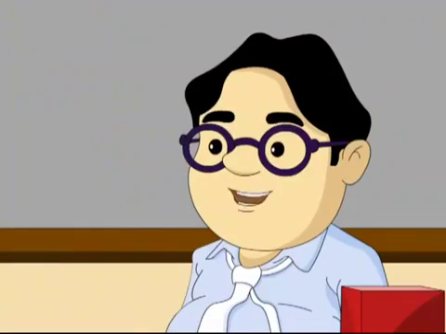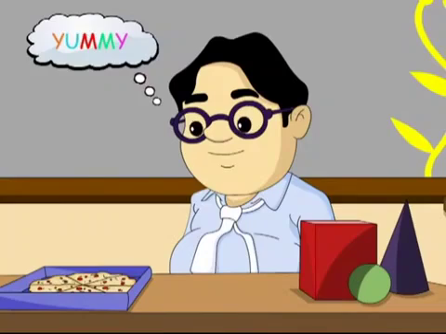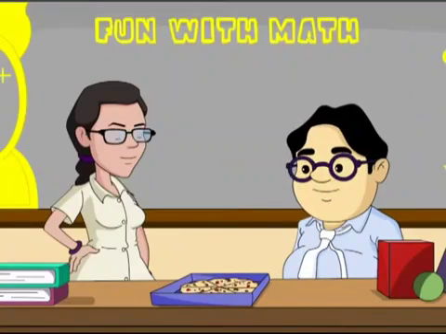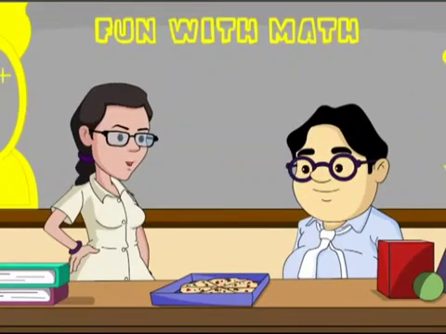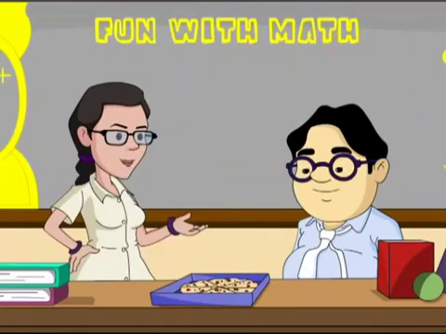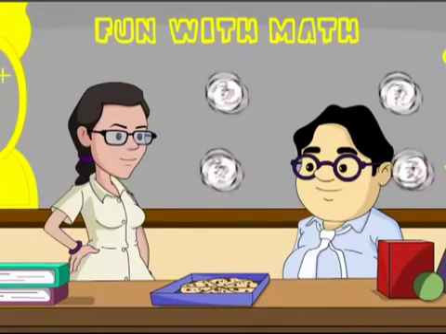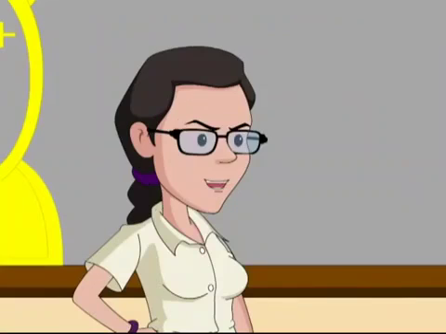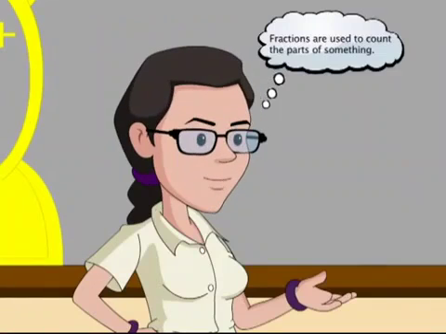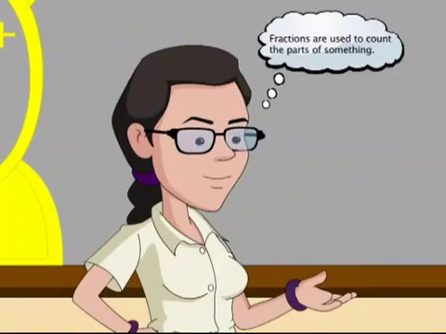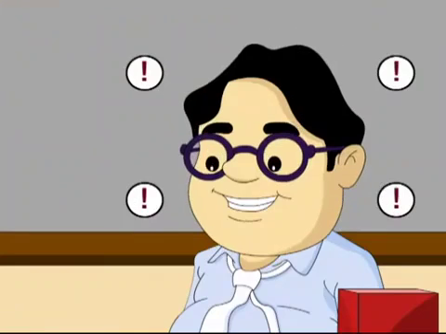Miss Marks, do I smell a yummy pizza? Oh yes, Snail. Now tell me, if I take out one piece out of 6 pizza pieces, how can we count it? Well, it's one piece out of 6, so... Snail, have you forgotten? When we need to count the parts of something, we use fractions.